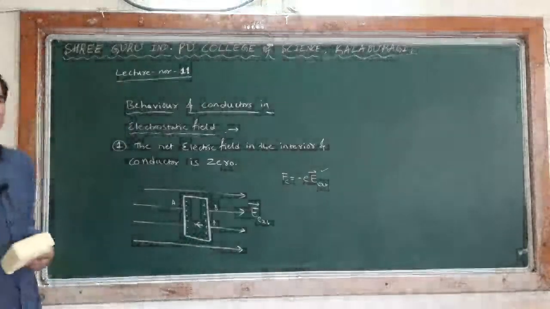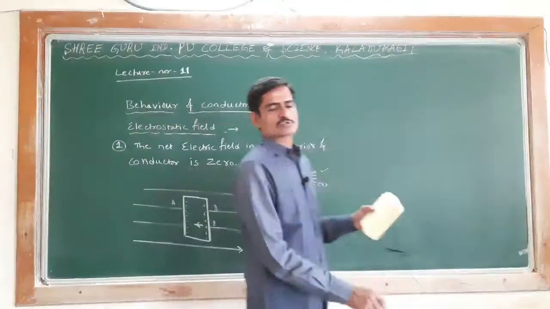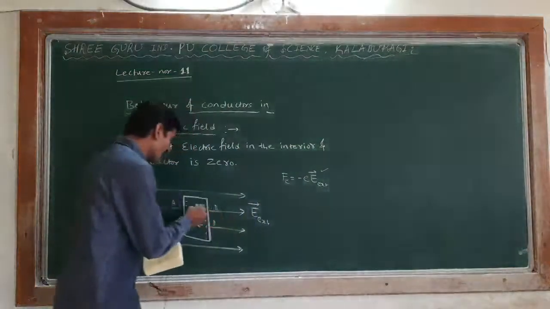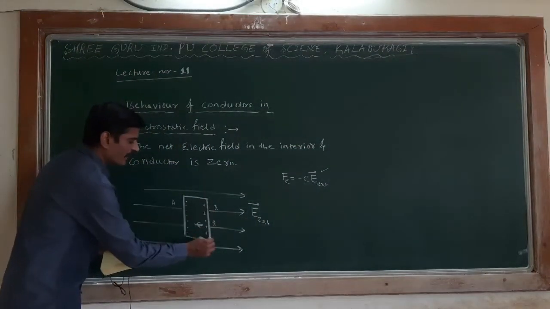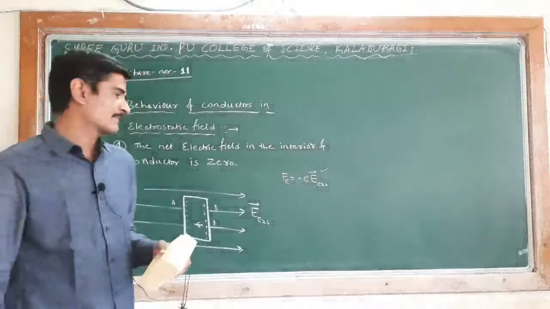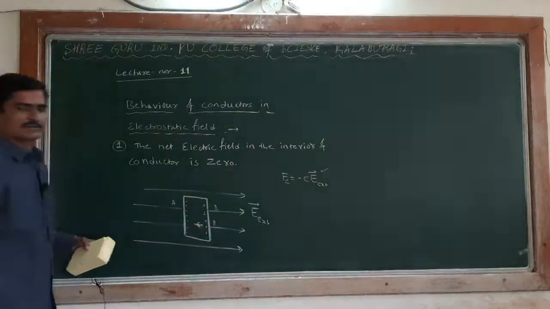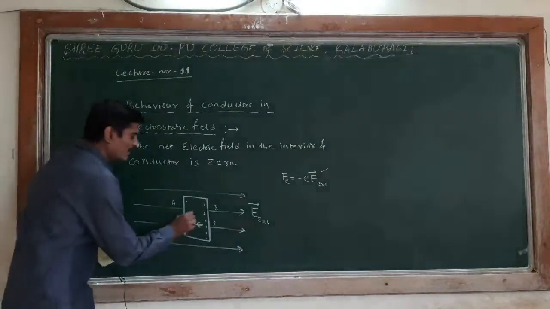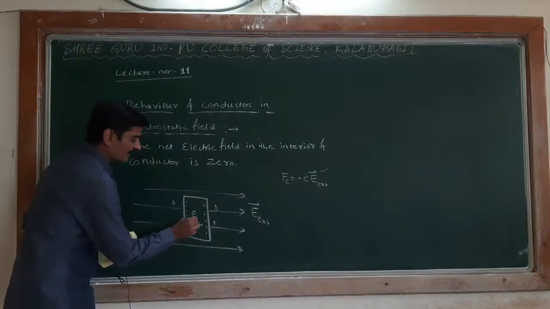So due to the redistribution of electrons, end A becomes negatively charged and end B becomes positively charged, and this redistribution of electrons will induce an electric field.